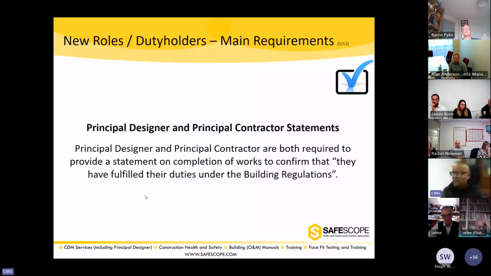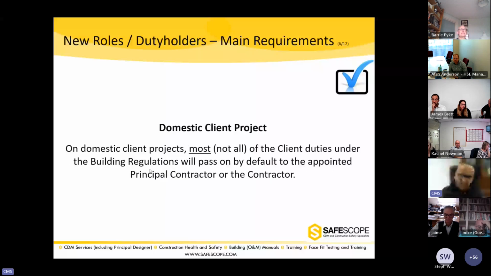So domestic client projects. What happens on domestic client projects? If we're working for an individual, which is not a commercial project, most, not all, you see the wording under CDM regulation, if it's a domestic client, all their duties pass on to the contractor or principal contractor by default, as we know. Here they don't.